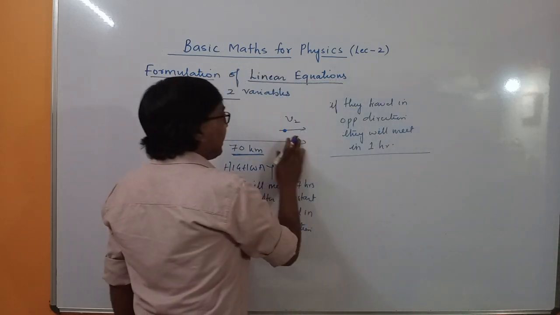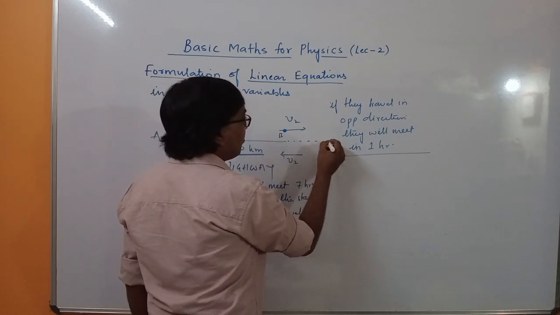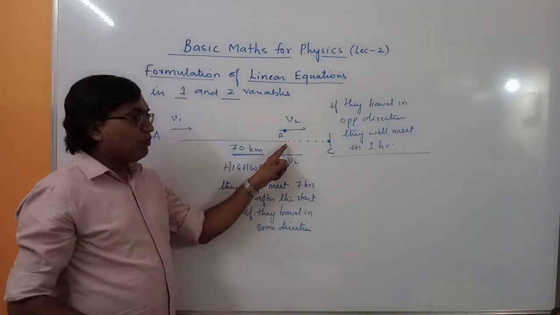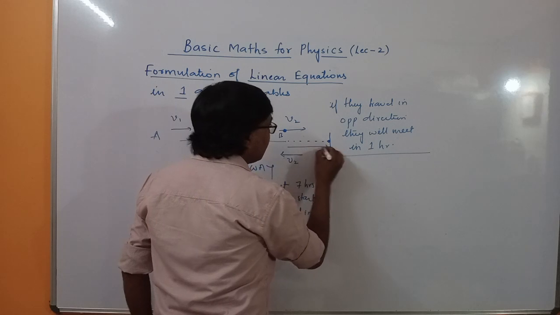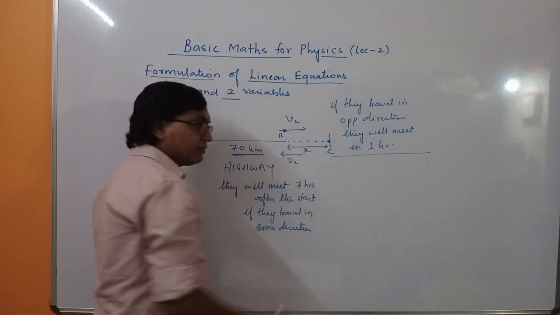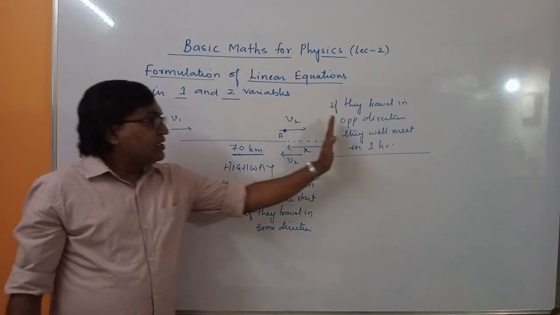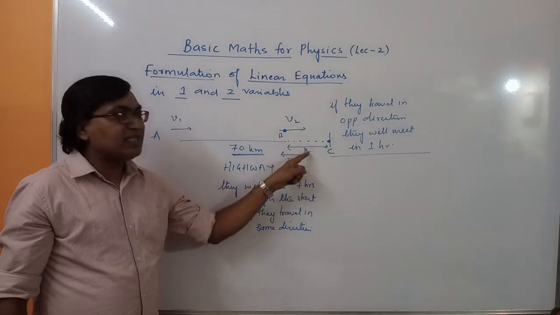Let us assume that from point B they will meet at point C, and let us say this distance is x kilometer. From A this distance will be 70 plus x. From point B this is x.